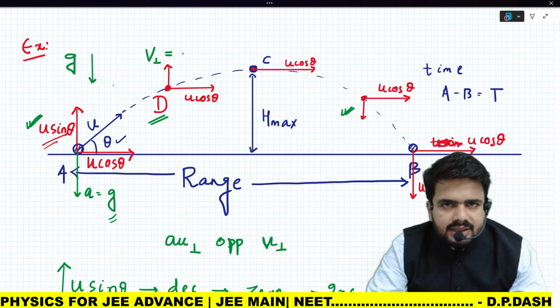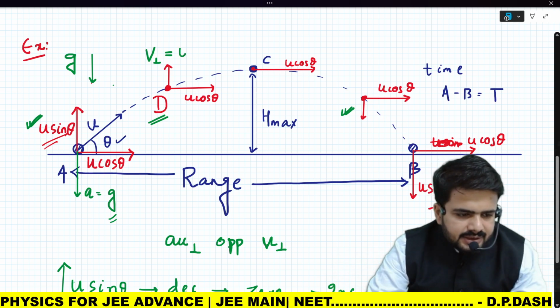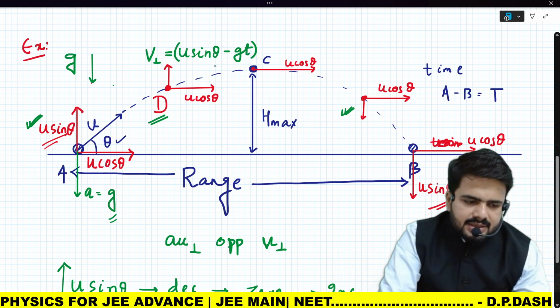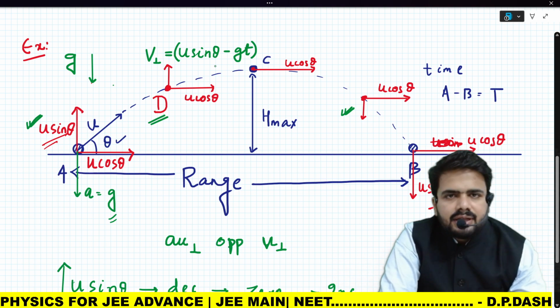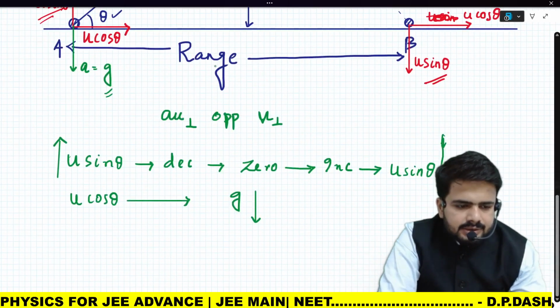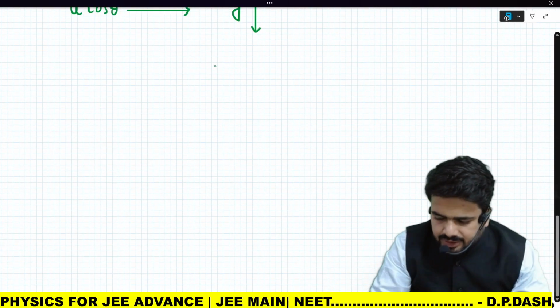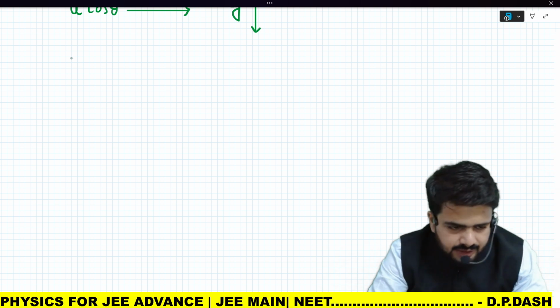If I use that, the initial velocity along the perpendicular direction is U sin theta. U sin theta minus GT will be the present velocity, or we can say the instantaneous velocity along the perpendicular.